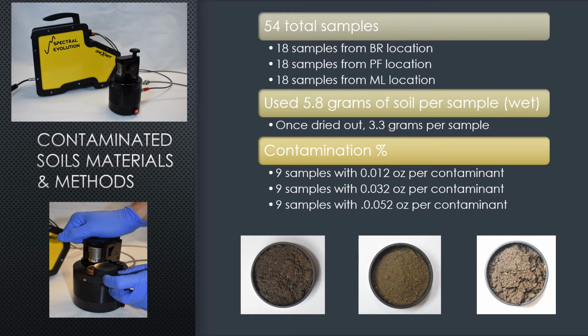So each location sample had a concentration of 0.012 ounces with all three contaminants, 0.032 ounces with all three contaminants, and 0.052 ounces with all three contaminants. Now the 0.012 ounce is going to be the least saturated and the 0.052 being the most saturated.